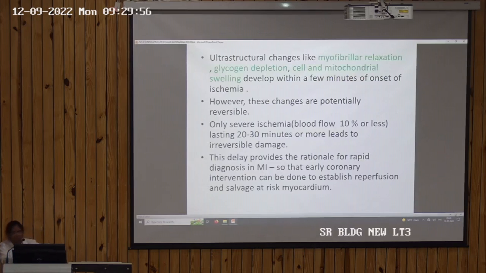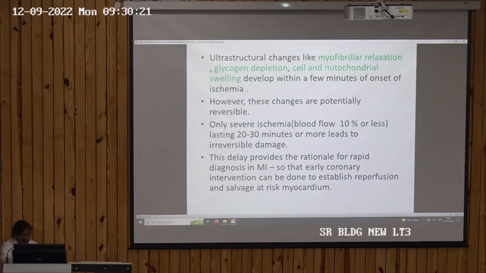Then suppose heart failure does not occur and the ischemia continues, there will be ultrastructural changes. First of all, you cannot see these with light microscopy, you can only see them with electron microscope. There will be myofibrillar relaxation, glycogen depletion, cell and mitochondrial swelling. However, all these changes are reversible.